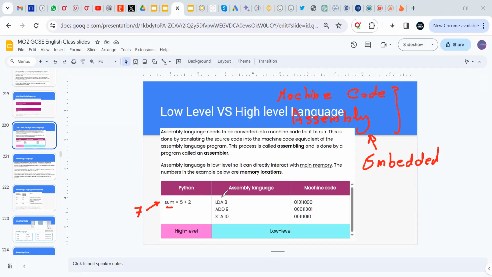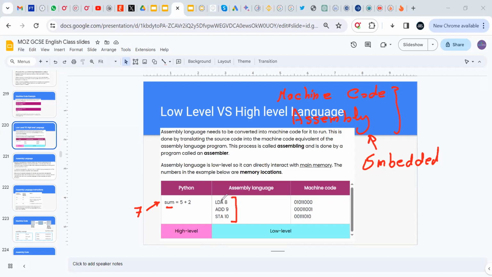If I want to execute that line of Python in assembly language, I will need 3 commands like that. Please have a look. The commands do not even have the 5 and the 2 that I need to add.